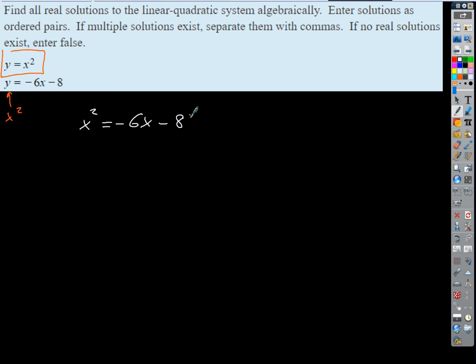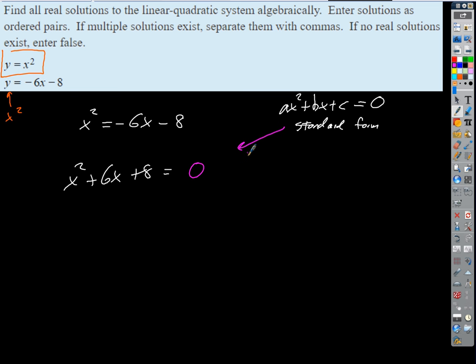Get it all equal to 0. So we're going to put it in the form ax squared plus bx plus c equals 0. That's our goal. We're going to write the equation in standard form. So we're going to add 6x and add 8. We get x squared plus 6x plus 8 equals 0.